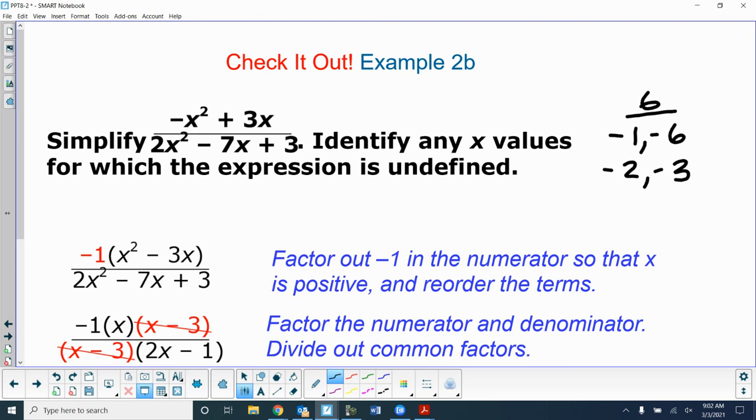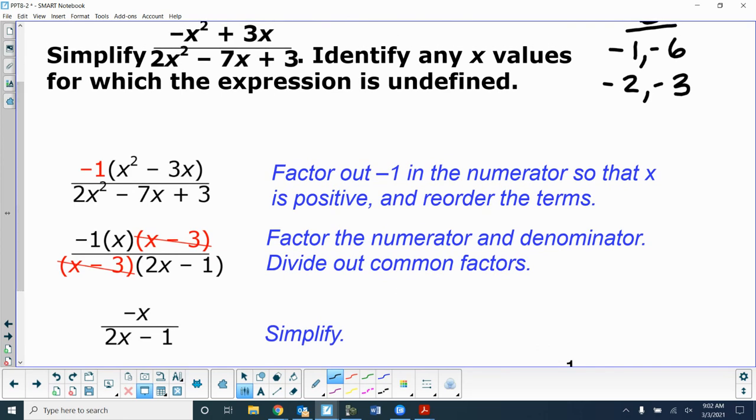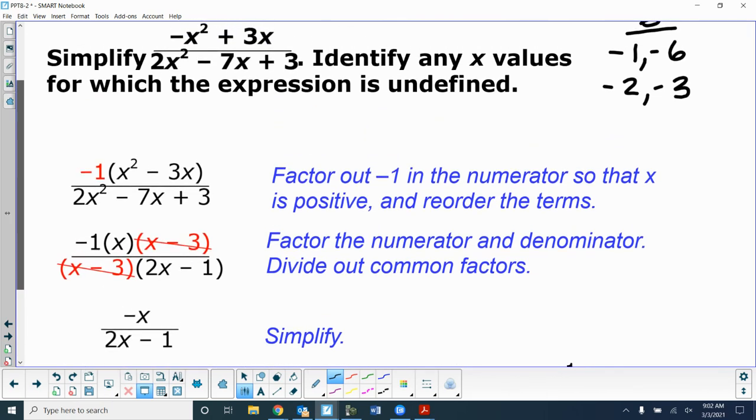So we would have rewritten this as 2x squared minus 1x minus 6x plus 3 and grouped it, but you would have ended up with this after you grouped it. Okay? So what happened is you got an x minus 3 top and bottom, so you could cancel them. So you get the -x up top and the 2x minus 1 on the bottom.